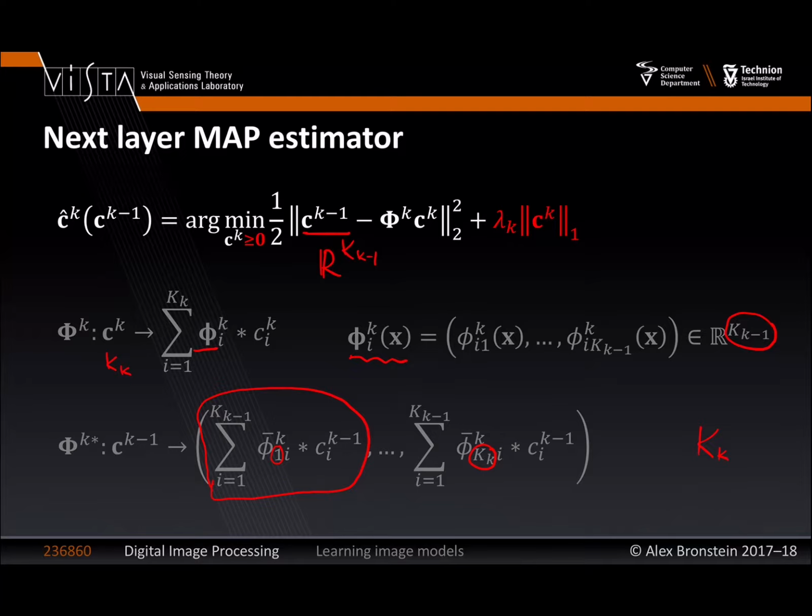Before we didn't have the sum in the adjoint operator, but now I have the sum because the sum goes over the dimensions of the representation vector, and of course over the dimensions of the vector valued dictionary functions. Okay, so just to remember that from the second layer on we have these vector valued dictionaries.